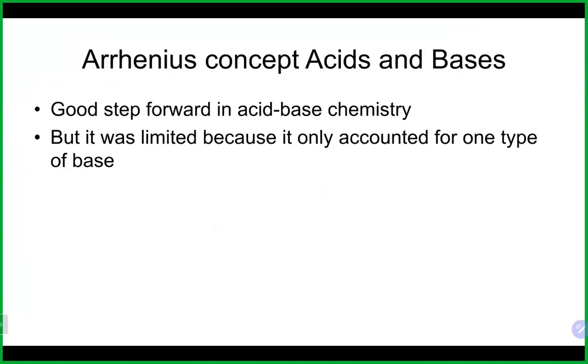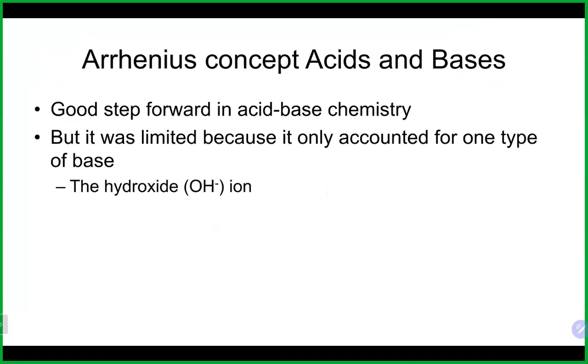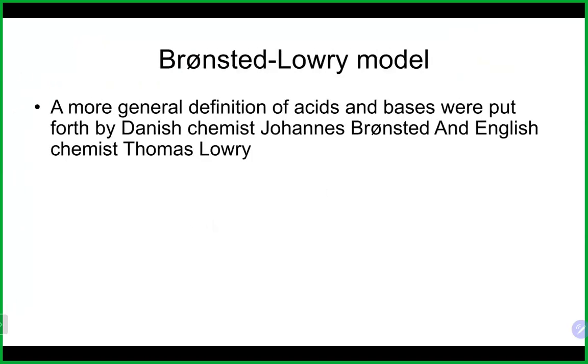Now, as I mentioned before, that Arrhenius concept was a good move forward in terms of acids and bases. But as I said, it is limited because he did a lot of work with hydroxide. So a more general definition of acids and bases, and one that's used by a lot of people, was developed by two guys named Bronsted and Lowry.